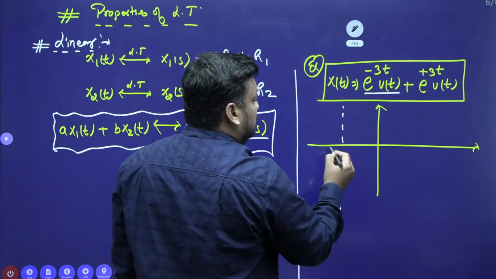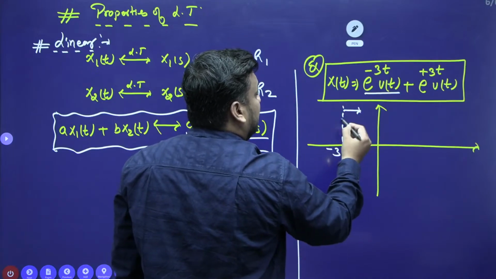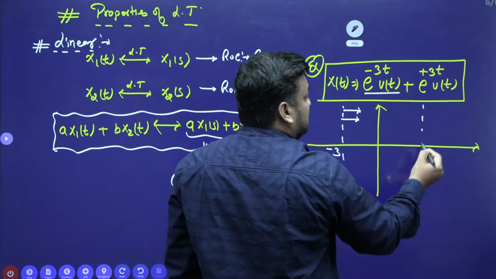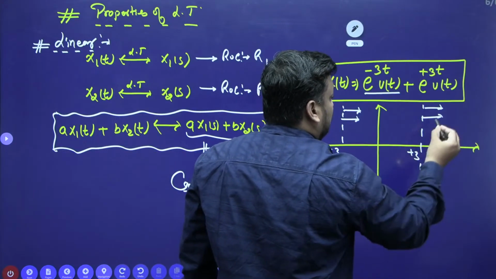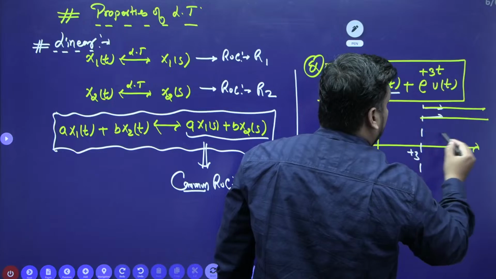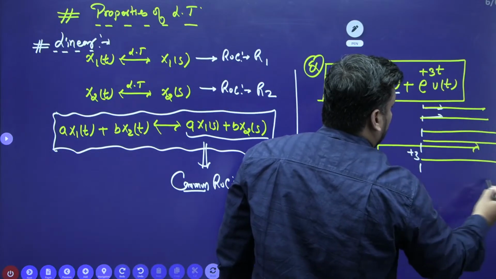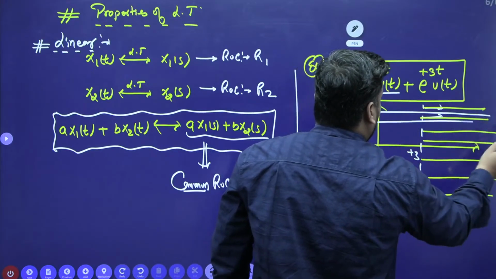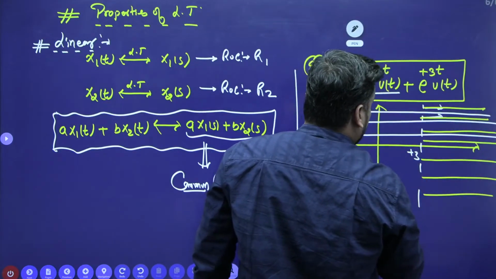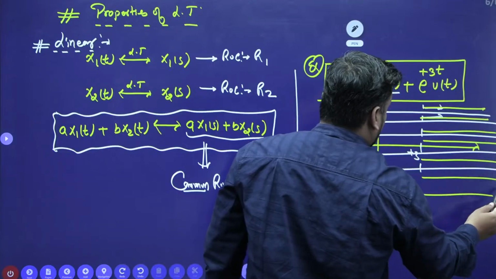Here one pole is at minus 3 with ROC to its right, and the second pole is at plus 3, also with ROC to its right. If I draw the ROC curve, tell me where the common ROC is.